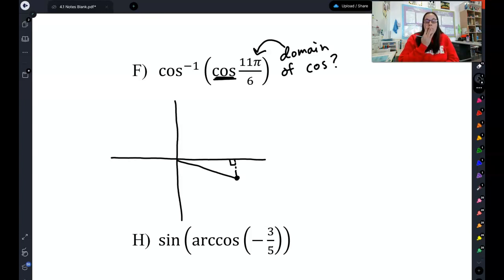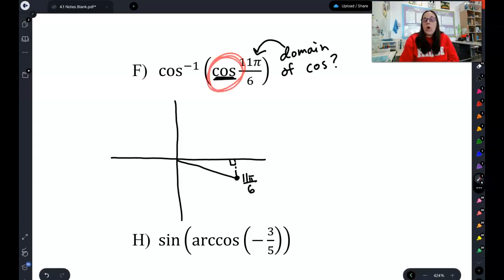So what we're going to do is be very clever here, because remember, for all the other problems we've drawn, there have been 2 triangles, and then we narrowed it down to the one that fit the domain. This just means that this 11 pi 6 triangle is the other triangle we would have gotten rid of that didn't work. There is another triangle that also works, so let's find it.